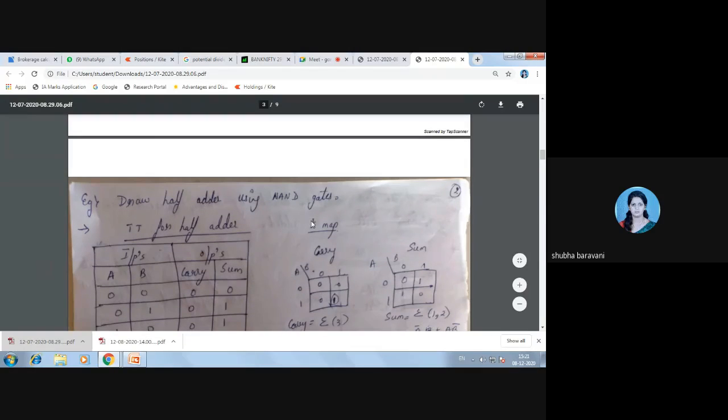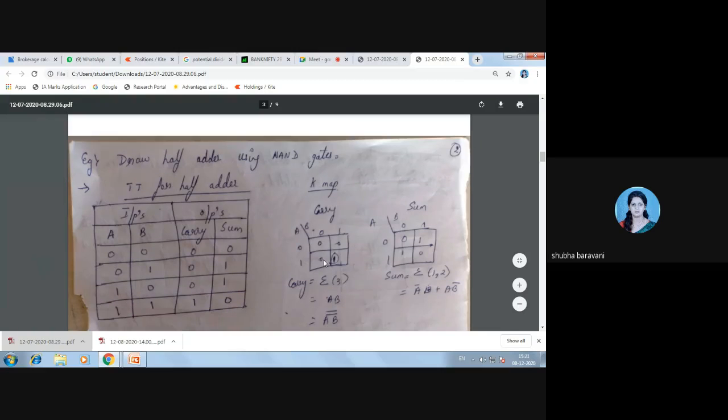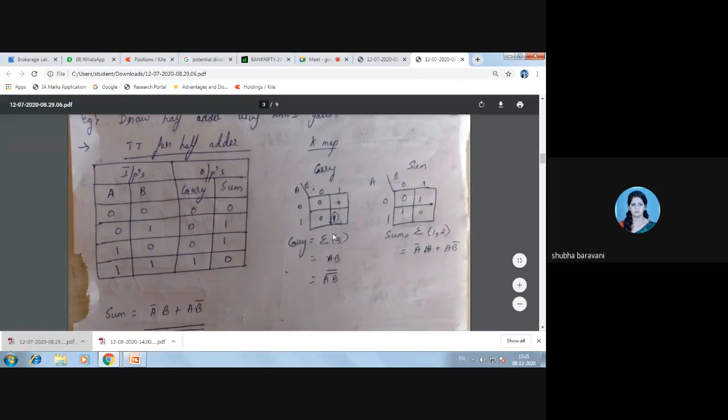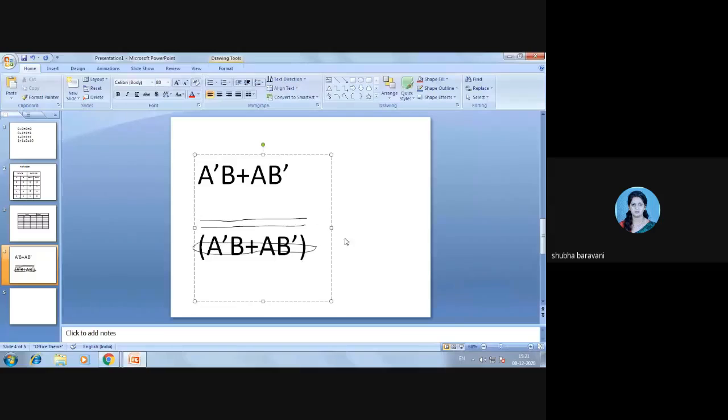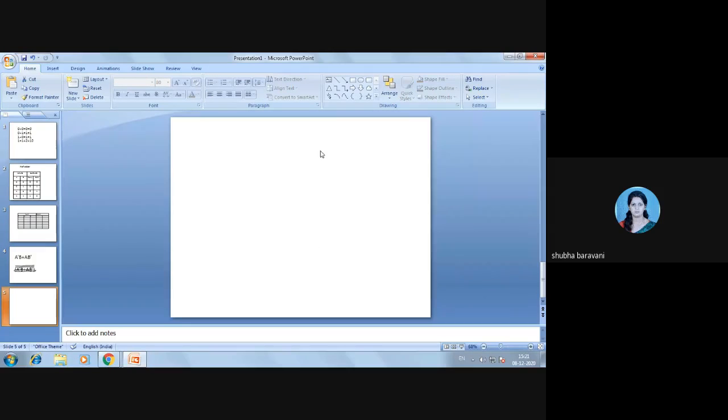So any equation, any Boolean function you want to implement using NAND gates. NAND means what? AND के आगे bubble. Okay, so if I directly see, अगर I have a Boolean function, A dot B है मेरे पास.